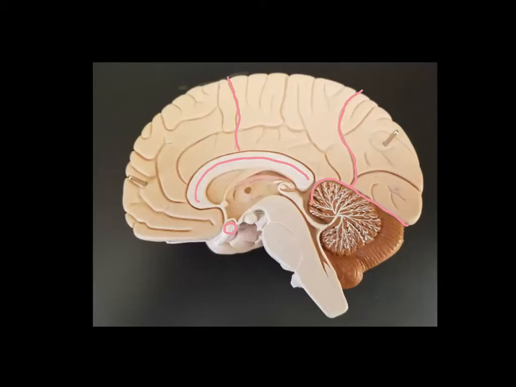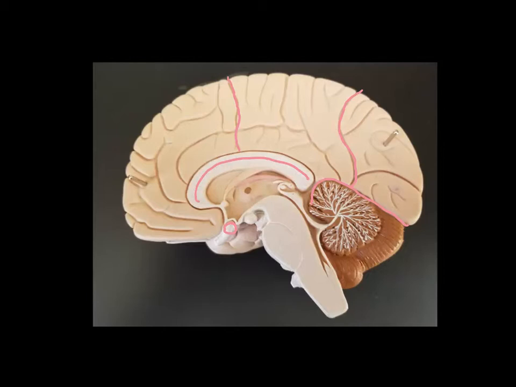Now that corpora quadrigemina here, along with this region right here, collectively make something called the midbrain. And just above the corpora quadrigemina, this little structure right here is called the pineal gland.